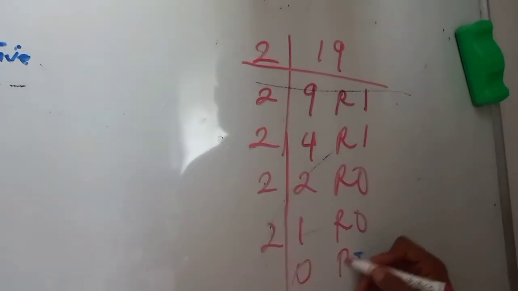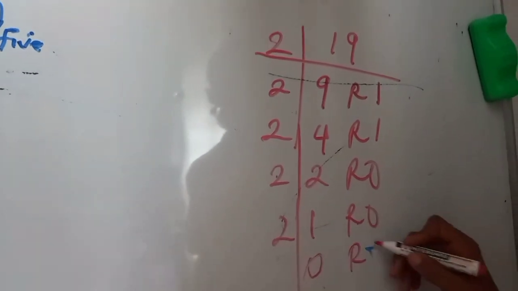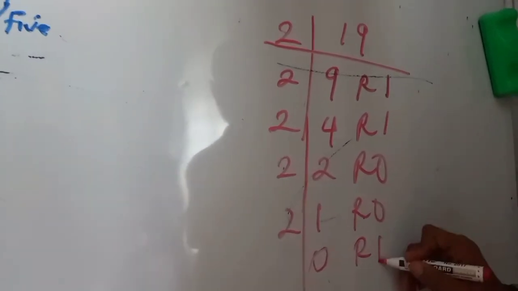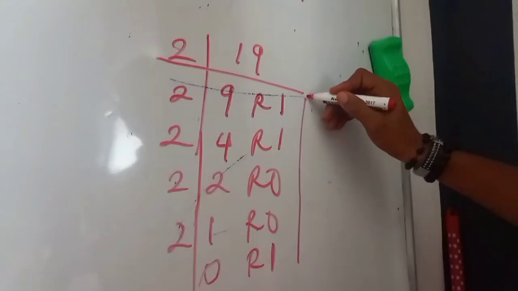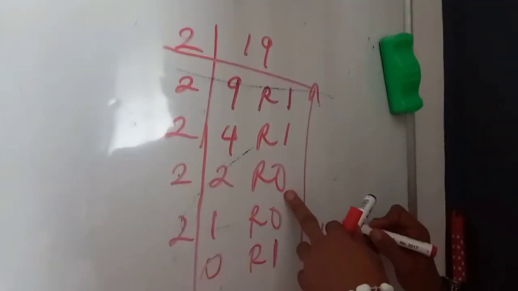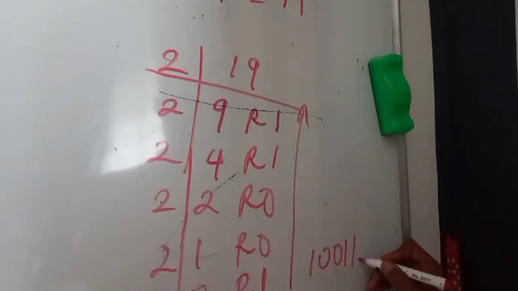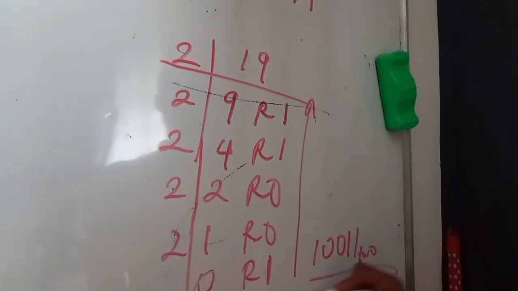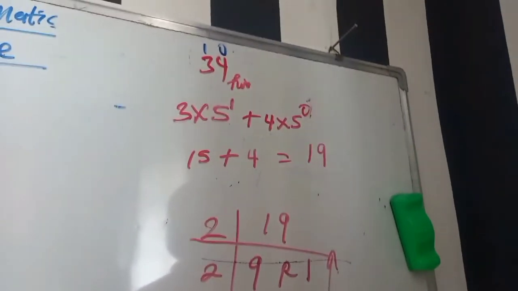That is a remainder. Now this 1, I will bring it down based on the binary rule. So I'll pick from the bottom to the top, which is what? 10011 base 2. And this is my final answer.